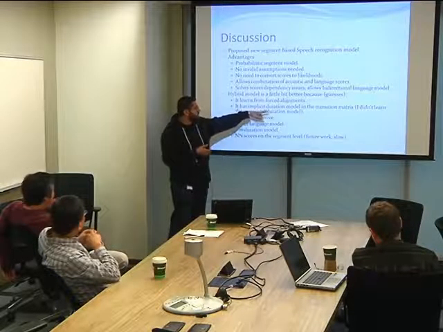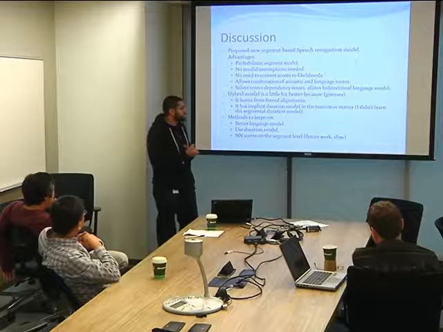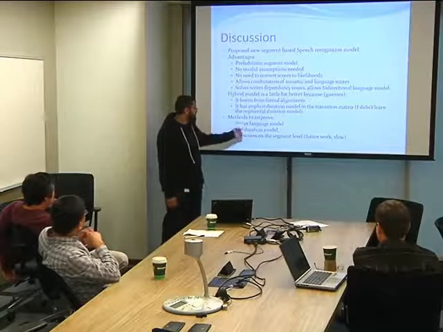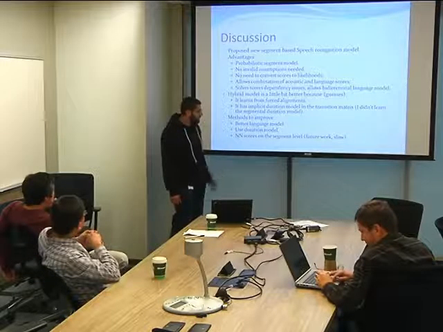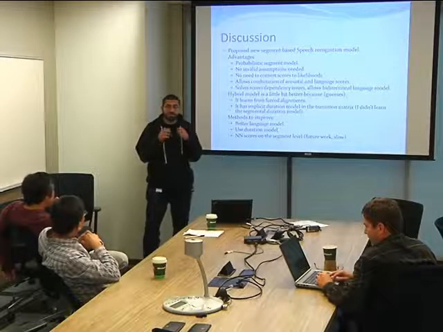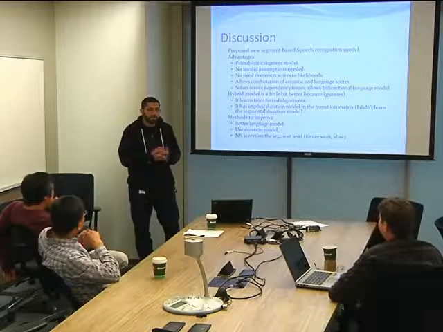It has an implicit duration model in the transition matrix, and I didn't use a duration model yet. And methods to improve: a better language model, maybe using a duration model, and finally the future work to compute a segment-aware neural network score, as I suggested before.